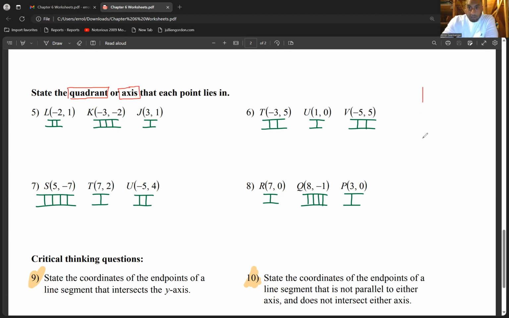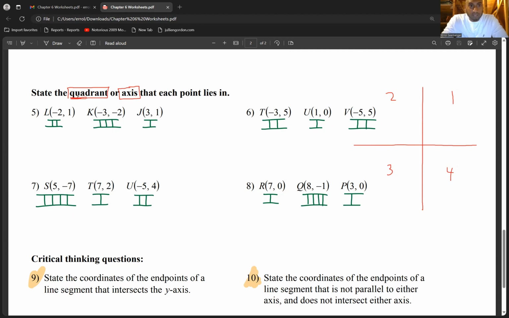Okay, so we have our x and y. Where's quadrant 1, 2, 3, 4? The top right is 1, the top left is 2, the bottom left is 3, and the bottom right is 4. Okay, so that's what quadrants are.